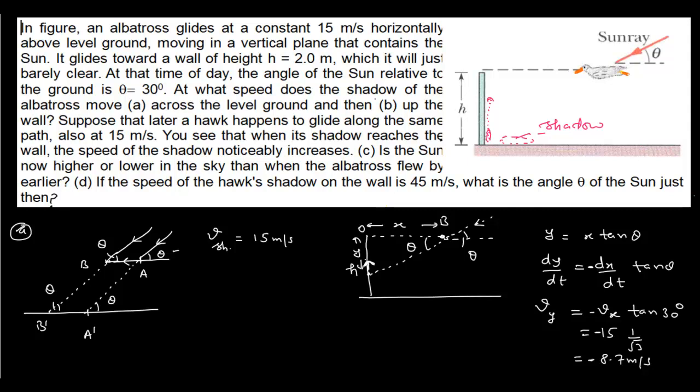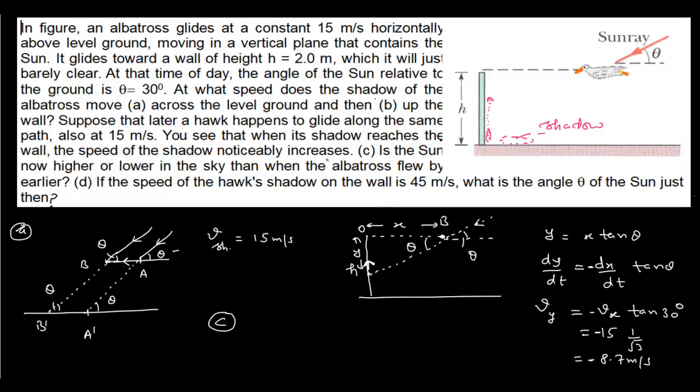Clear? Now the C part of the question is for the movement of the hawk, and the hawk is also moving with the same speed of 15 meters per second, but when the hawk reaches the wall, the speed of the shadow noticeably increases.